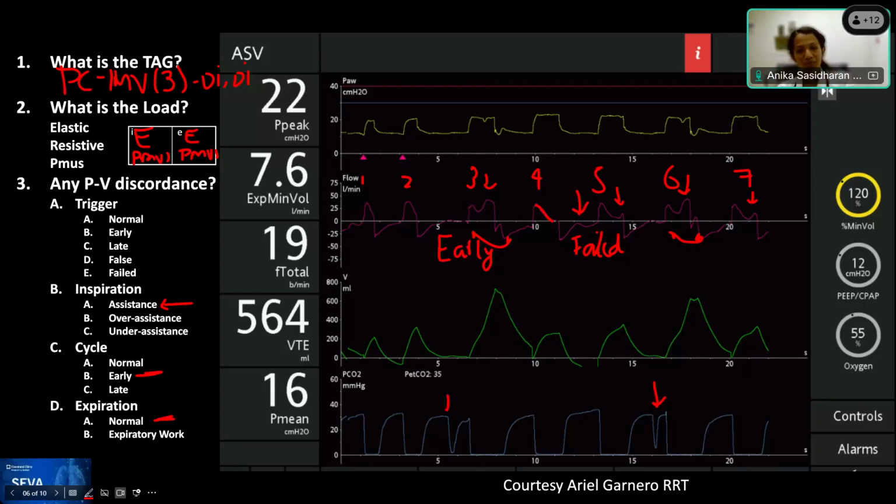So here, when we're talking about early trigger, in general, early trigger is relatively a new phenomenon, but one of the thought processes behind the cause is an entrainment phenomenon where the mechanical rate and the patient's respiratory rate entrain because of higher levels of sedation and toxicity from sedative medication. So one of the things to try to do to help this is to decrease the mandatory rate.